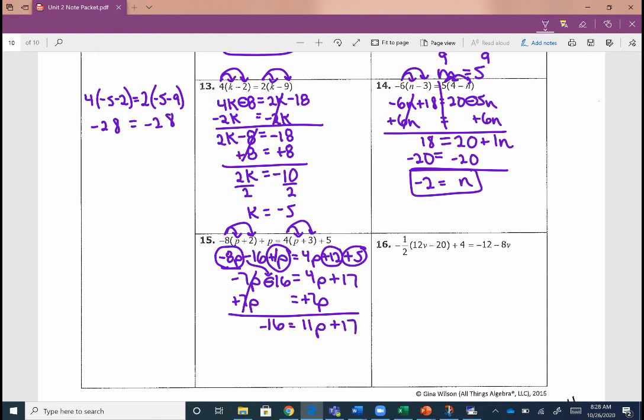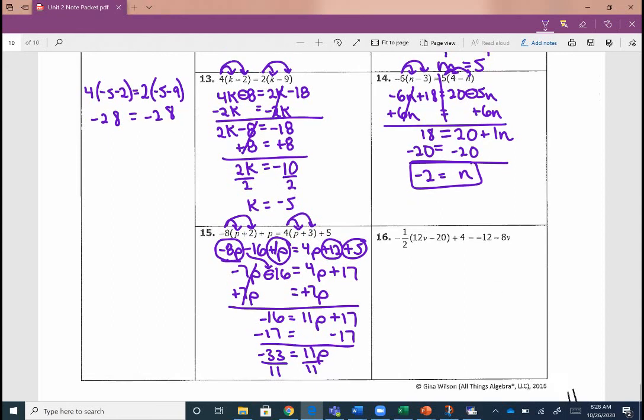From there, it's just our nice 2-step equation to solve. Let's undo our addition first. And then let's go ahead and undo our, there we go.